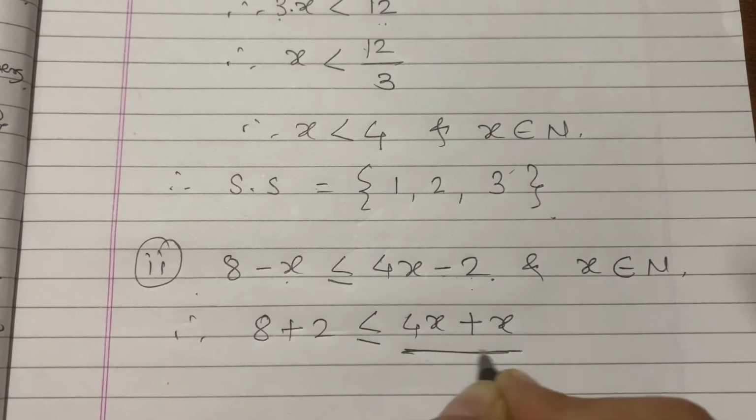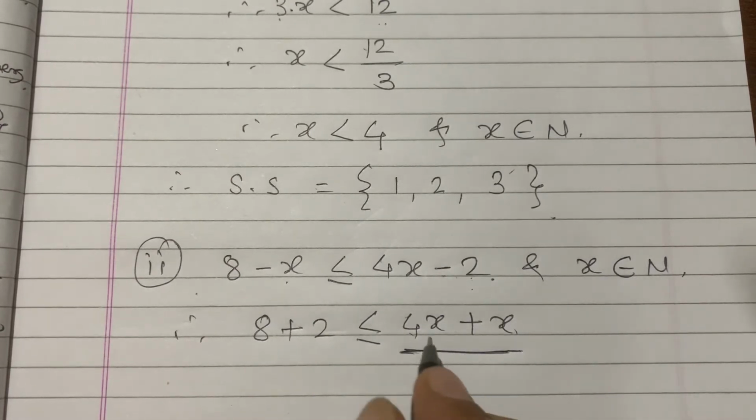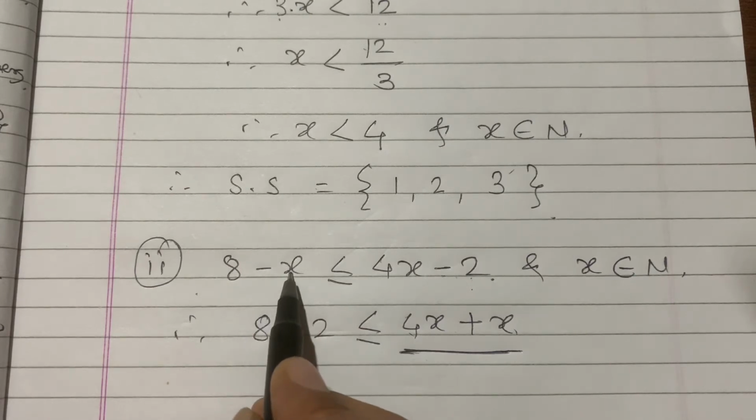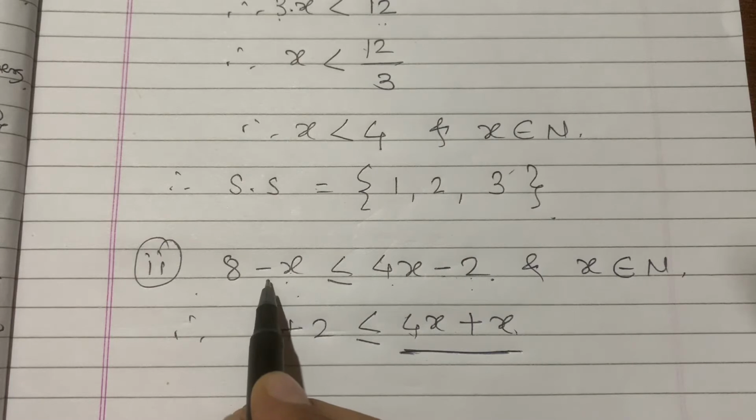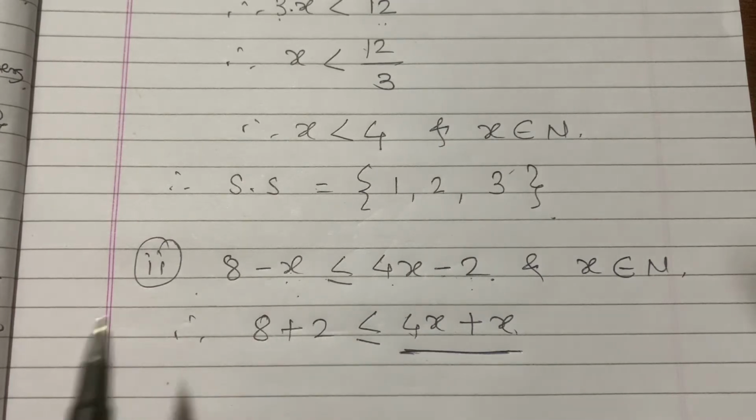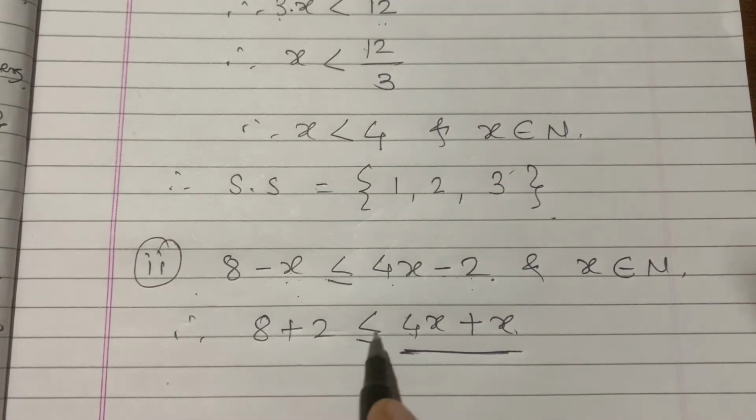Try to make this x positive, because this is minus x, and if you take this 4x also on this side, then minus x minus 4x will become minus 5x. Unnecessarily negative signs will be there. So to avoid the negative sign, try to get the value of x as positive.